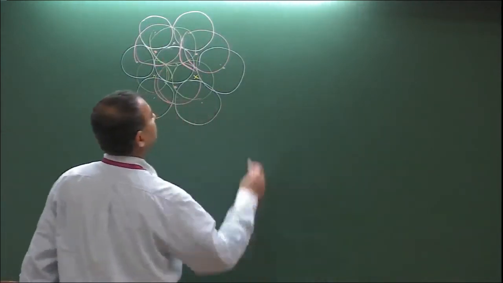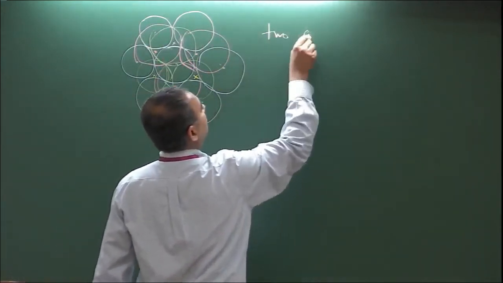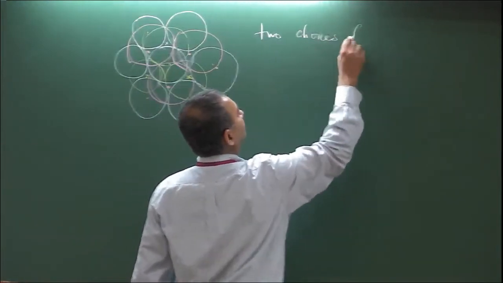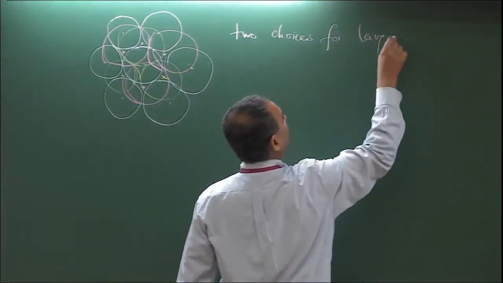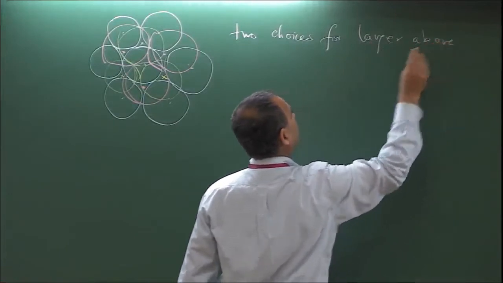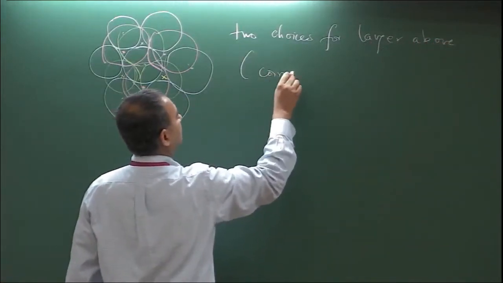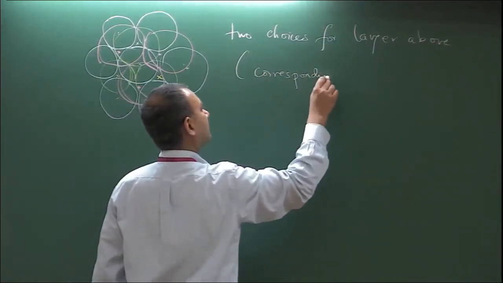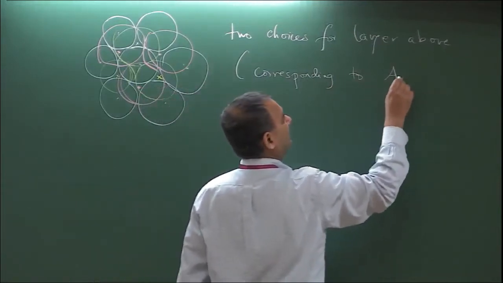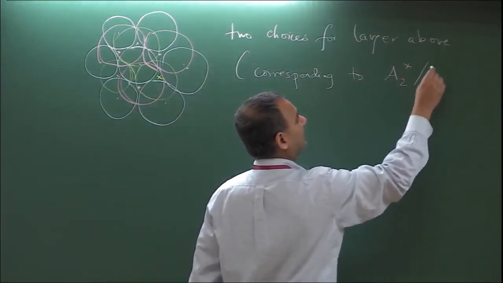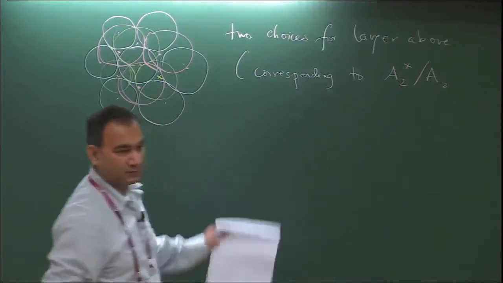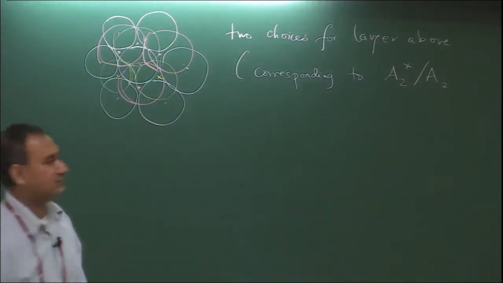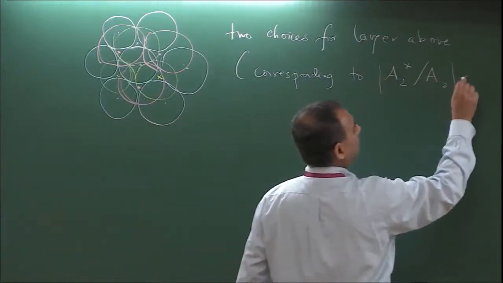Okay, so choices for the layer above. This corresponds to basically the fact that if you take the dual lattice of A2 and divide by A2, this is called the discriminant group of A2. This is size 3. Right?